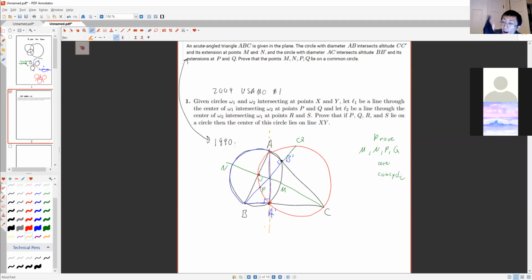So we should take the power of a certain point with respect to these two circles. Which point might be a good point to take a power of with respect to both circles? Probably A. Well, if we take A, what power does it have with respect to the blue circle? Yeah, it has 0 power to both circles, so maybe not the best choice.